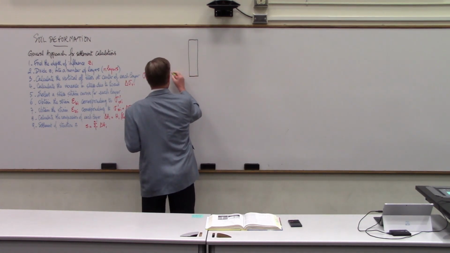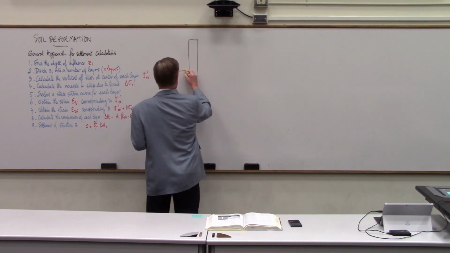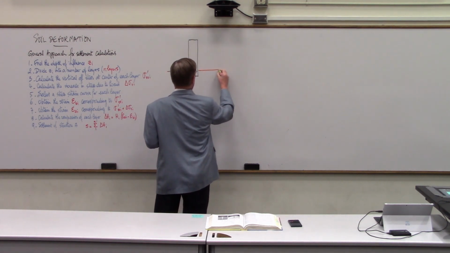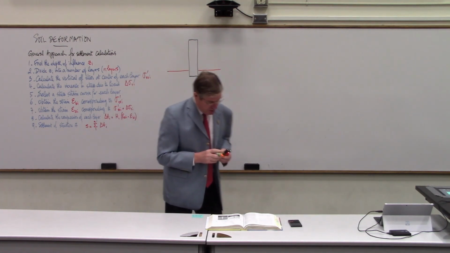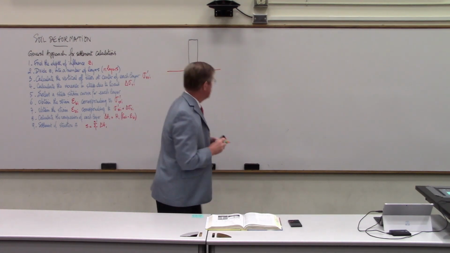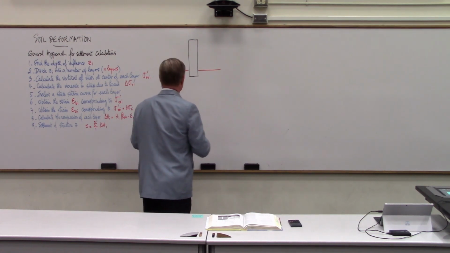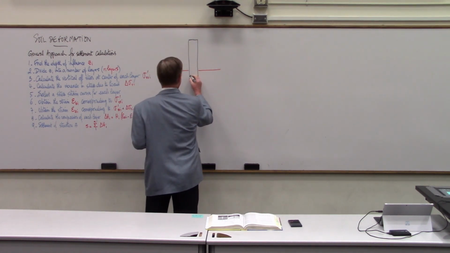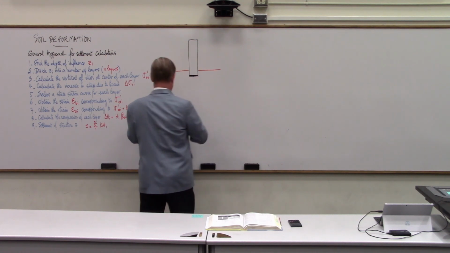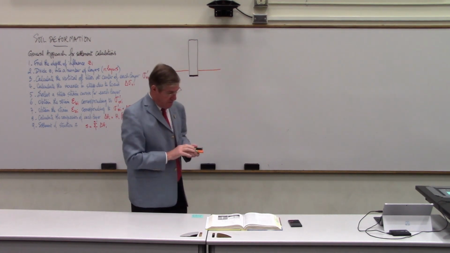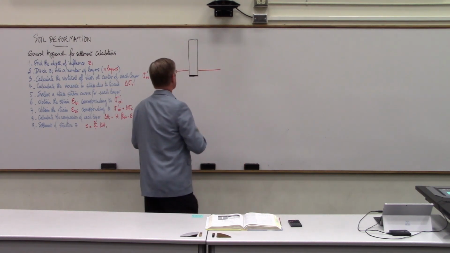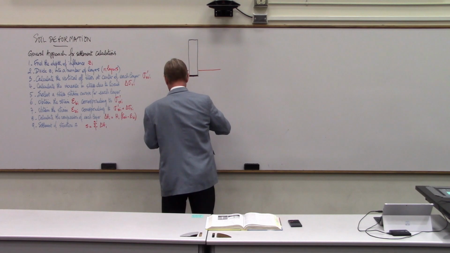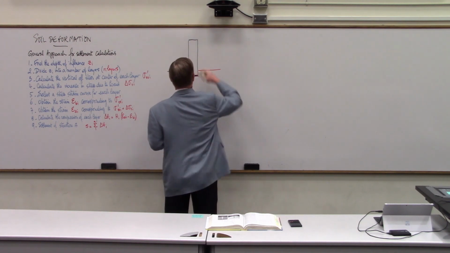So a 15 meter excavation has been dug so that this is 15 meters. And at the bottom of the high rise, then you have a mat foundation right here. And the high rise weighs 400 meganewton.